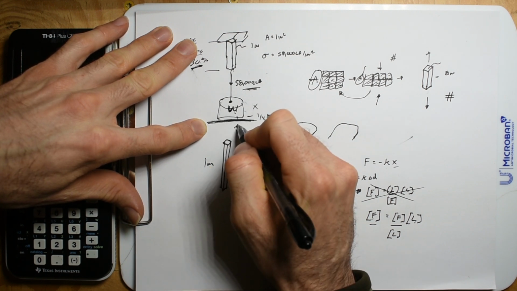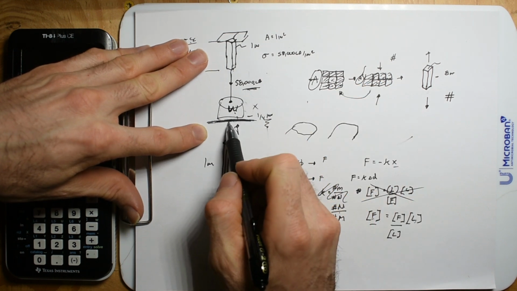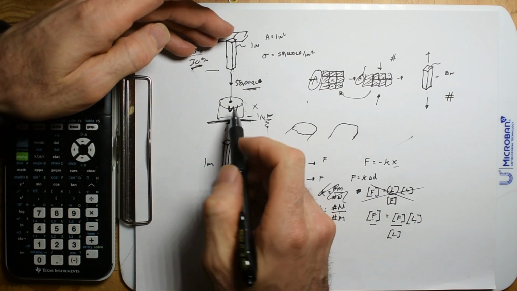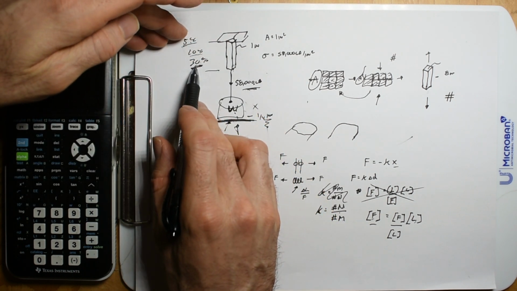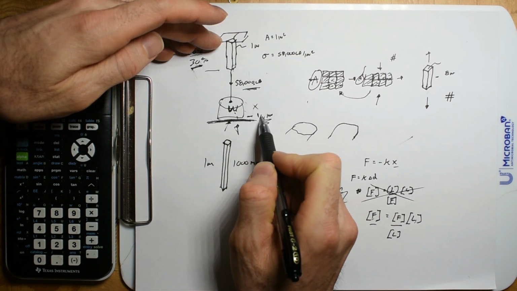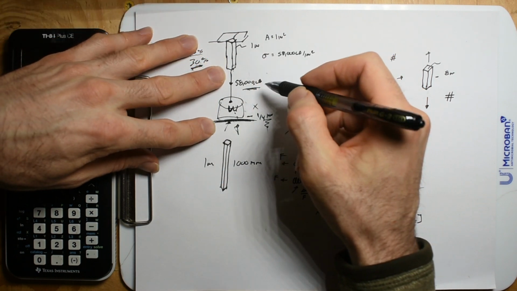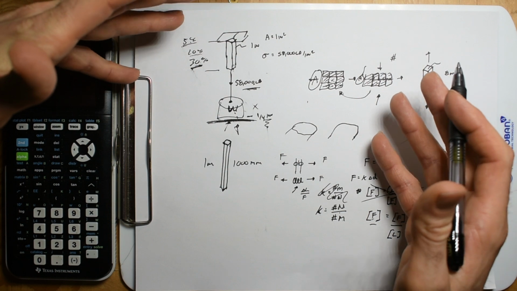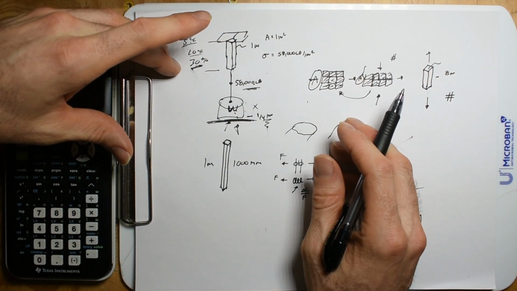I'm not going to get into that, but it can be very common and safe to have this bar be overloaded because it can stretch 30%. If it's just a quarter of an inch, no big deal. If this was a 1 meter bar, what's 30% of a meter? It's about a third of a meter, so more than 10 inches.